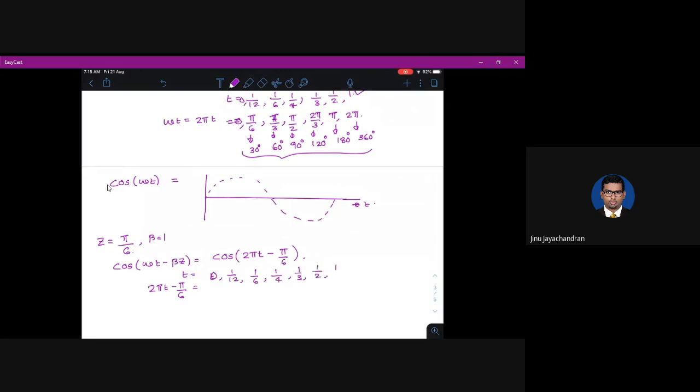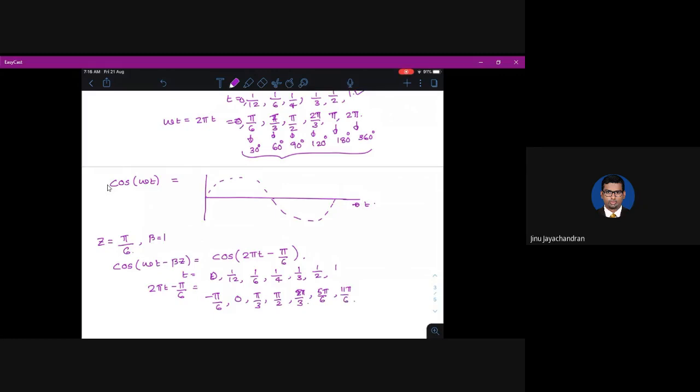So 2 pi t minus pi by 6 will have values minus pi by 6, 0, pi by 3, pi by 2, 2 pi by 3, 5 pi by 6, 11 pi by 6, etc.